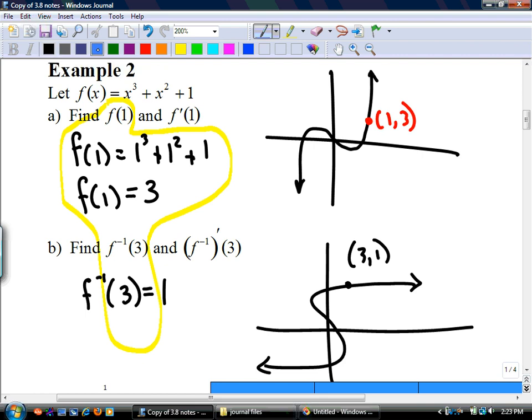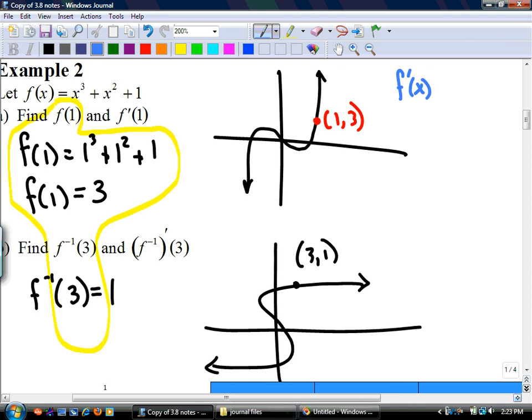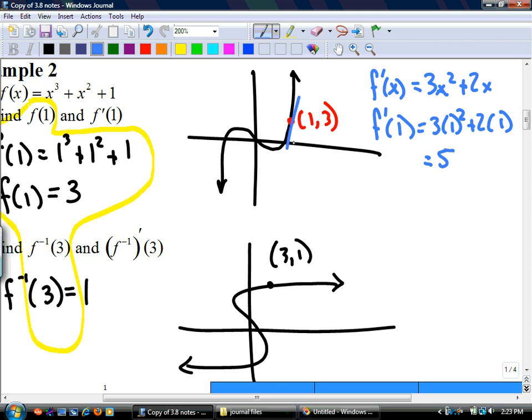Take the derivative, f prime of x. Three times 1 squared plus 2 times 1 is 5. So the slope right here is 5. The slope right over there is 1/5, and no work required.